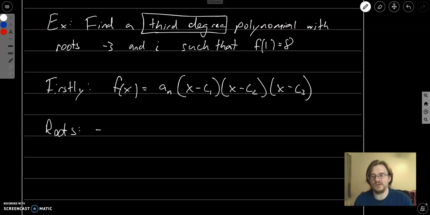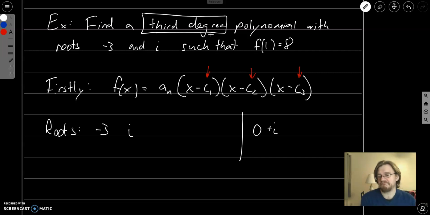Well, we're told that one root is -3, and one root is i, but I need 3 of them. 1, 2, 3. The other really, really important thing is that complex roots always come in pairs. So this root right here, if I just do some scratch work off to the side, I can write it as 0 plus i. It's just a fancy way of writing i.